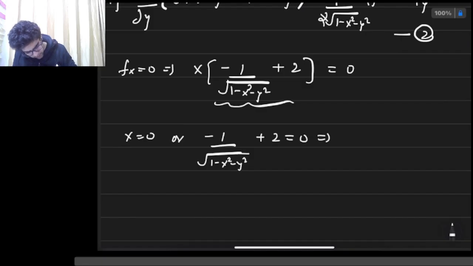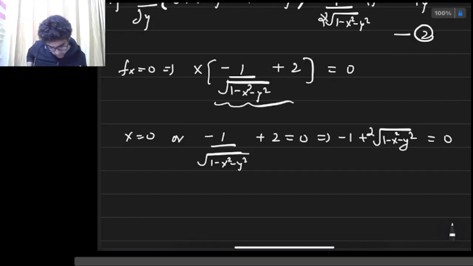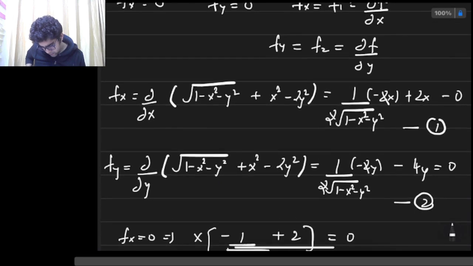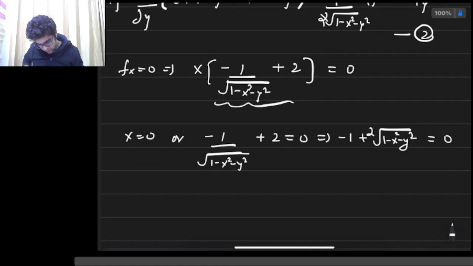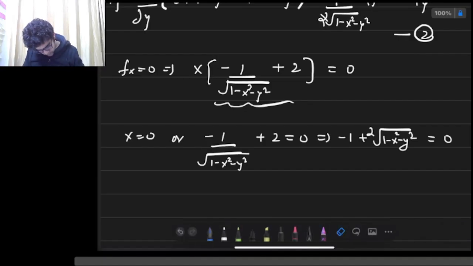This implies that minus 1 plus 2 times root 1 minus x square minus y square is equal to 0. Wait a minute, let me write this clearly.